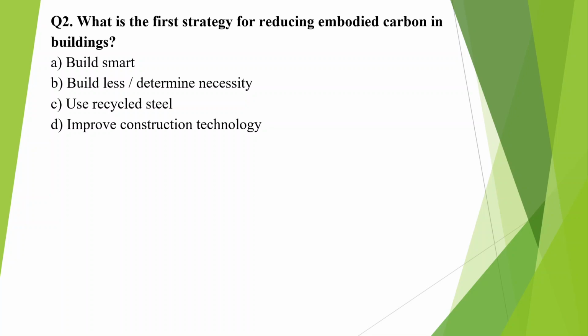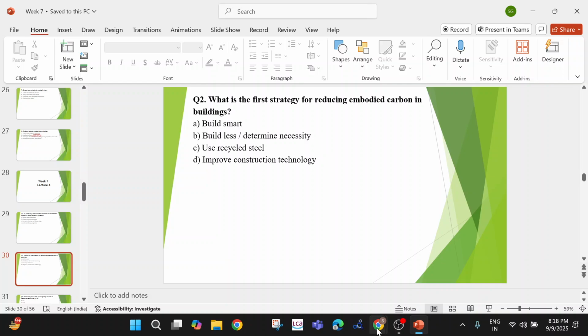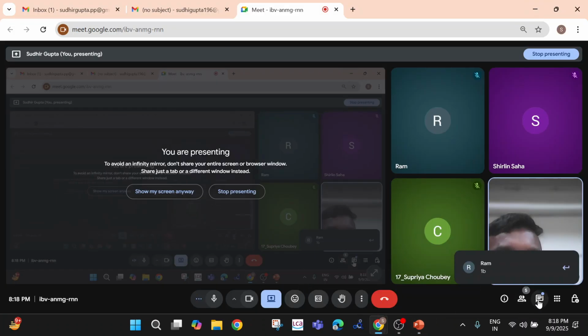Either you will be building smart, or building less and determining the necessity, or using recycled steel, or focusing on improving the construction technology. Out of the four options, which do you think is the most appropriate answer for question number two? Let's see how many of you can answer.